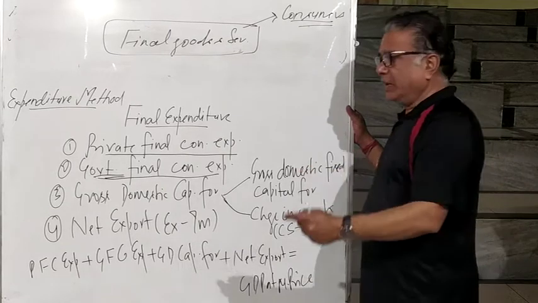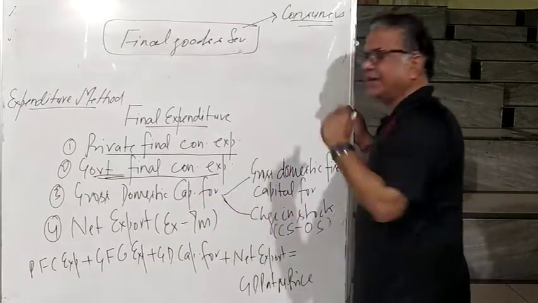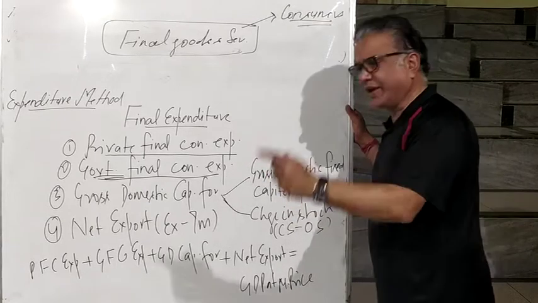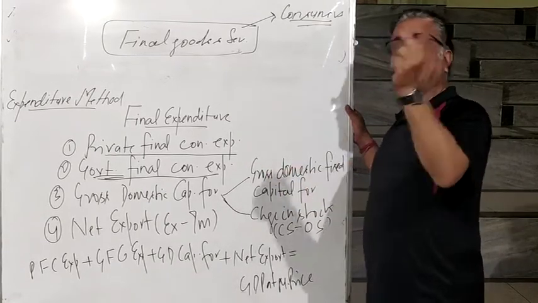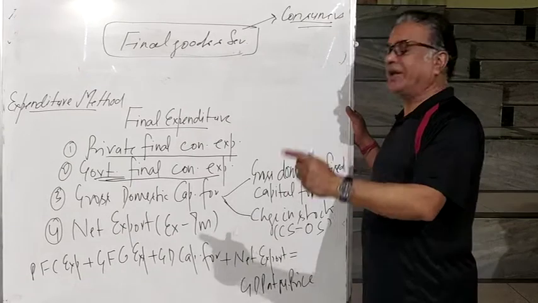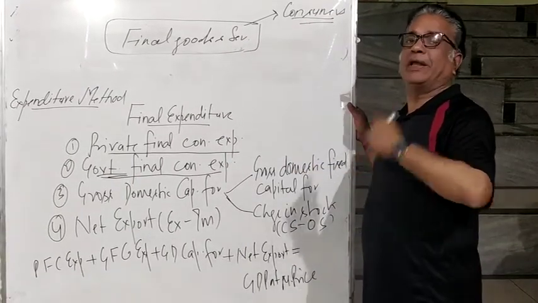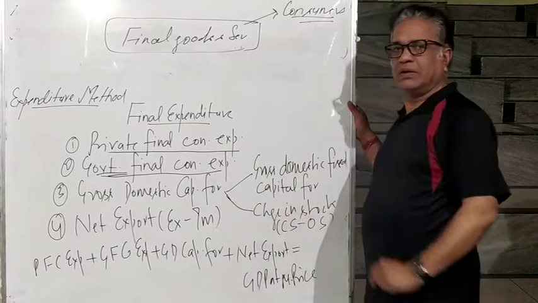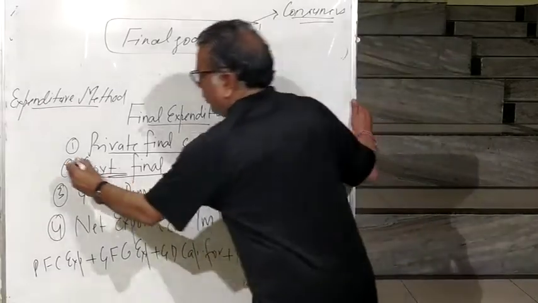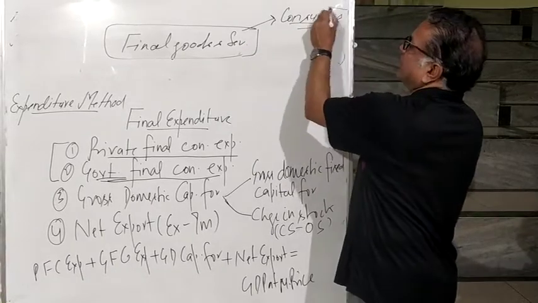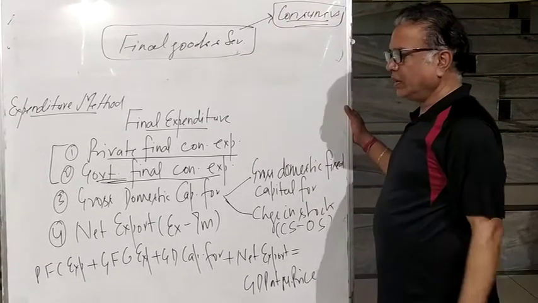And second is government final consumption expenditure. It is expenditure on final goods for the consumer by the government, like expenditure on education in government schools, expenditure on medicine and medical facilities in government hospitals. So this is how we calculate the expenditure on final goods and services by the consumer.